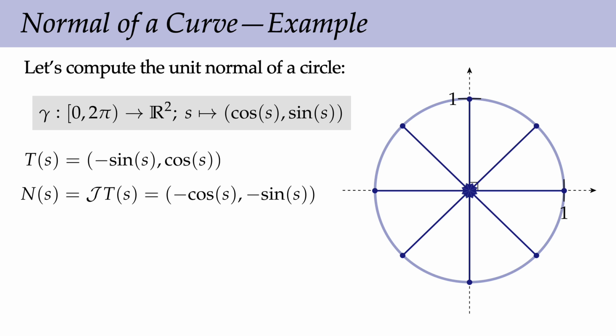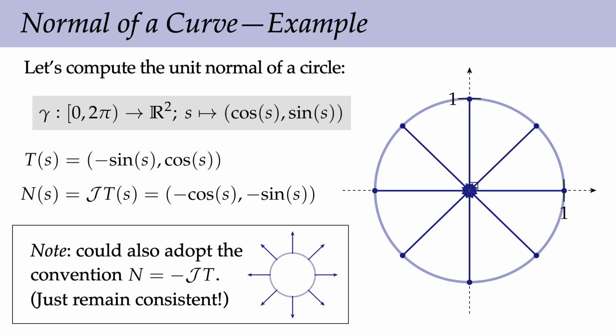And I've drawn these normals as unit vectors. Right? And something funny happened. All the arrowheads point in. So you don't quite see that they're arrowheads, but they are a bunch of arrowheads all around. We could, by the way, also adopt the convention that the normal points out, right? Why not say that n is minus j t?